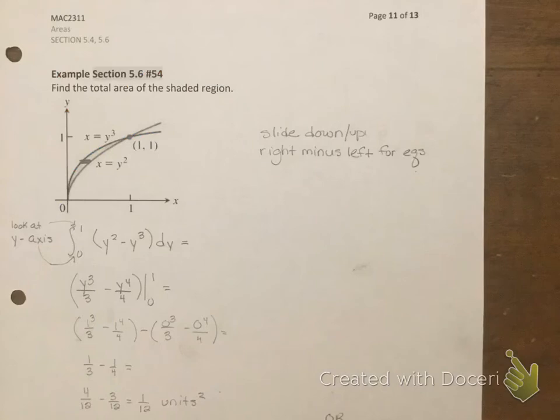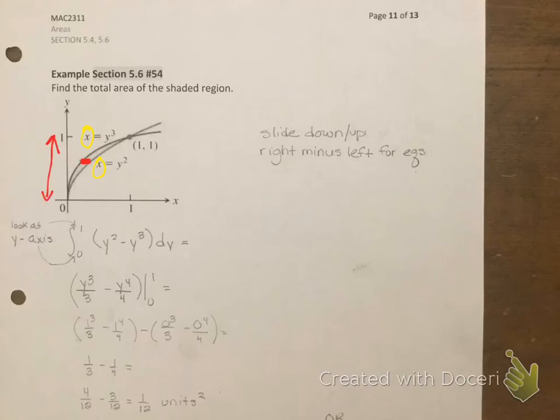Okay, page 11. We're supposed to find the total area of the shaded region. Guys, I want you to look at what the curves are solved for. Do you see that they are solved for x? In that instance, my gut reaction is to try to put in a horizontal representative rectangle. Now, remember you're sliding this way, up and down.